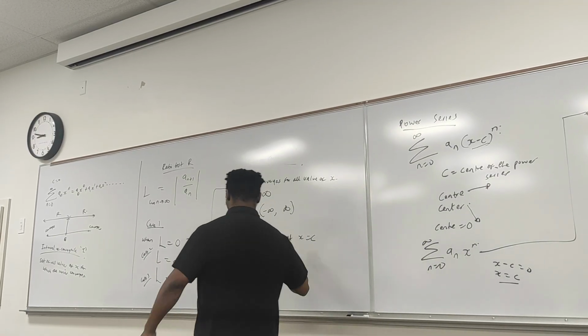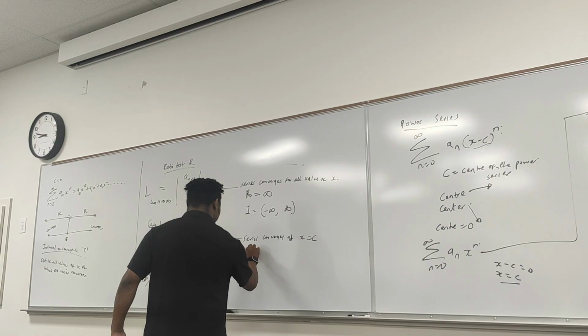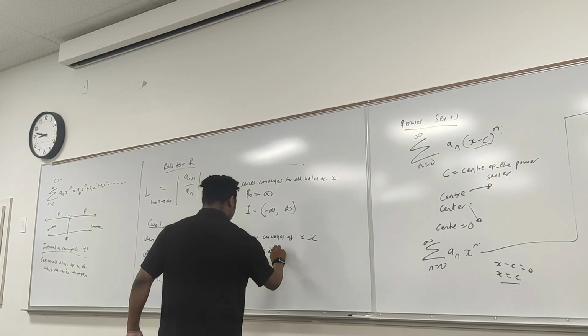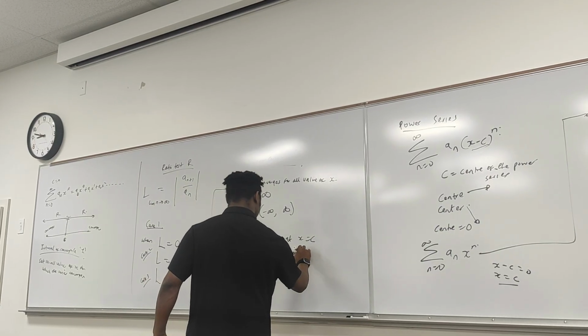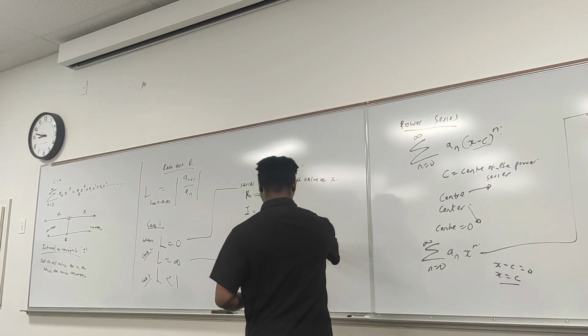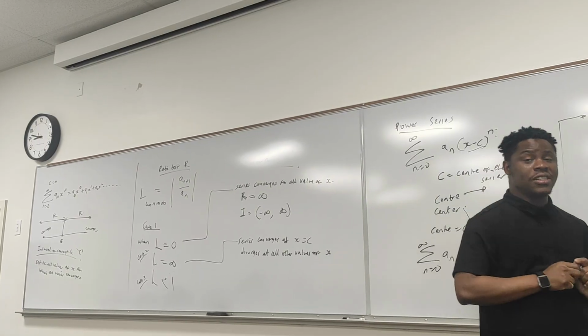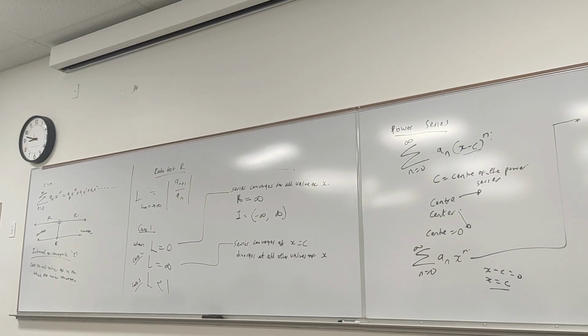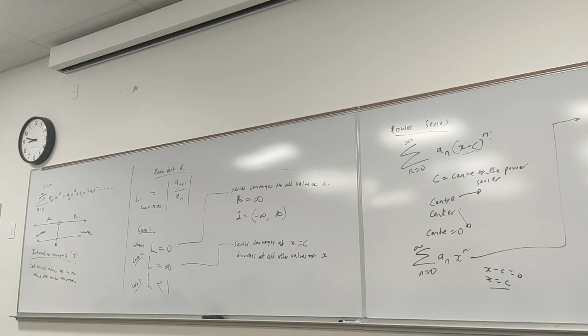The second thing it means is that the series diverges at all other values of x, except when x is equal to c, and c is the center. So when x is equal to c, the series converges, and it diverges at all other values of x. That's what it means.